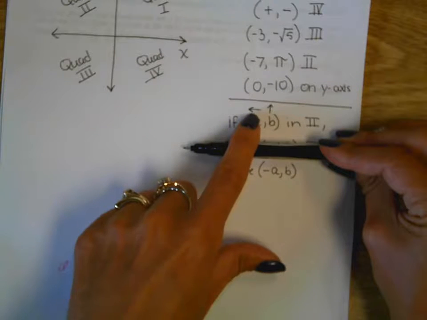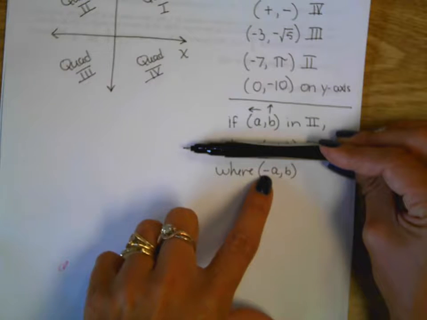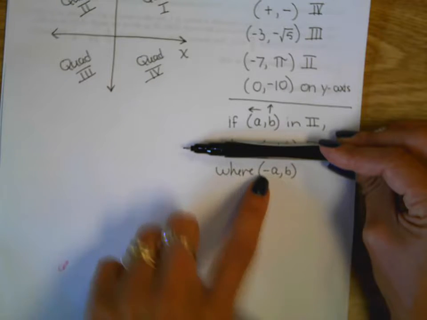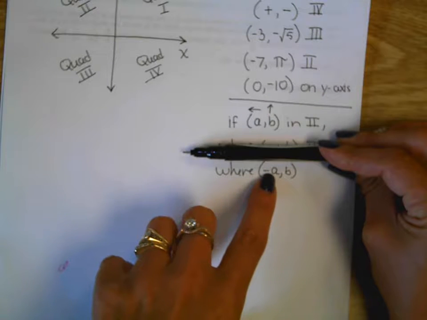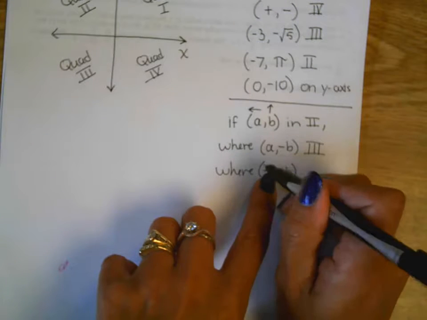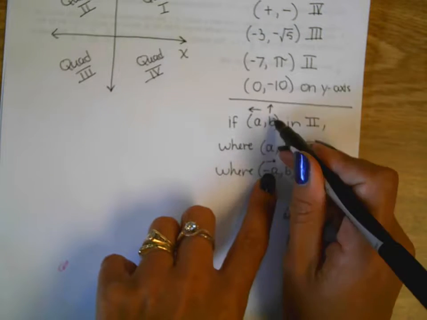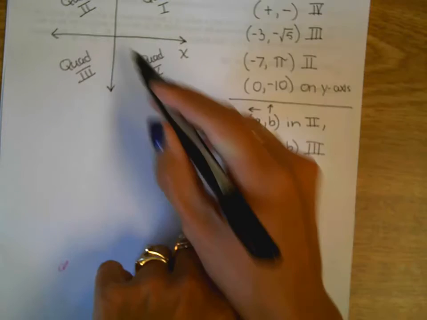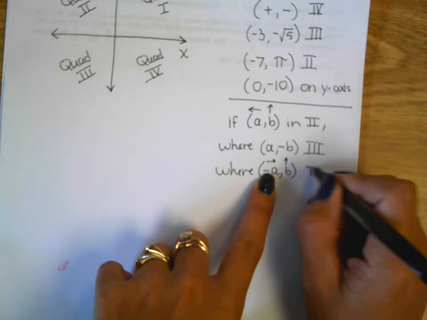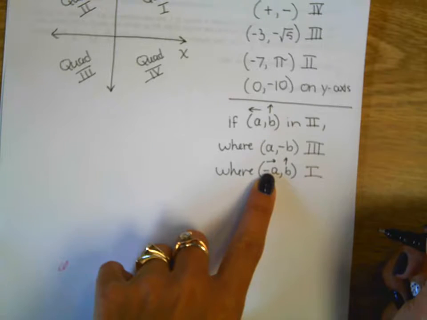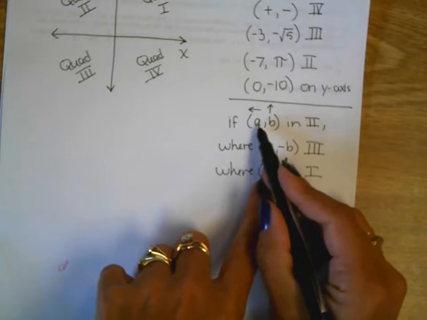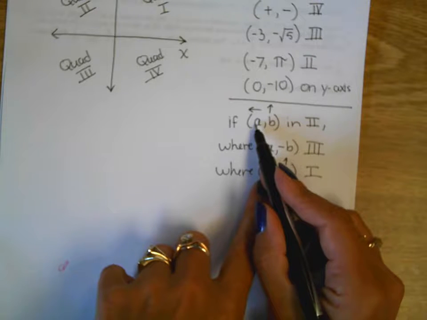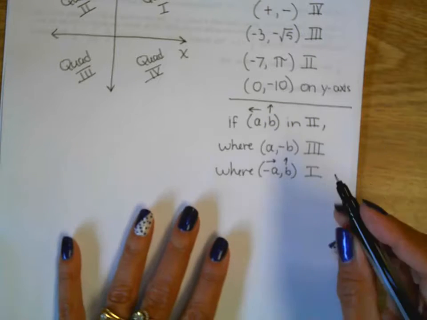Because if A took me left, which way is negative A going to take me? Right. Because this means opposite of. Everybody wants to see a negative and think, oh, left. But no, no. A was left. So that means opposite of A is right. So this is pulling us to the right. B is still pulling us up. Right and up. Because you're so used to seeing with the negative left, but no, this positive A was left. Just to trick you a little bit.